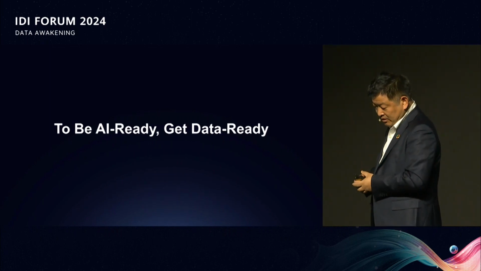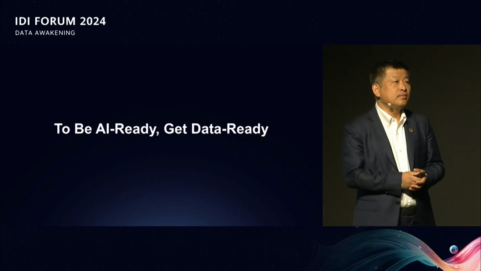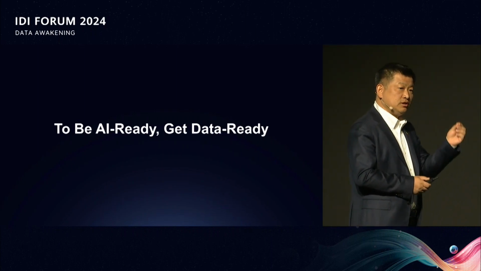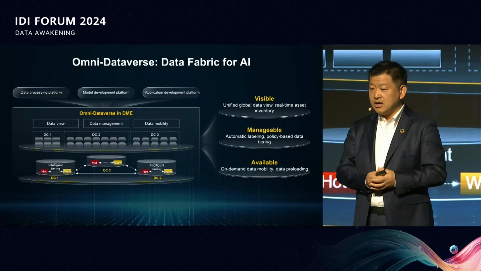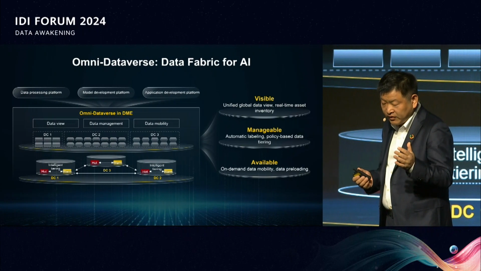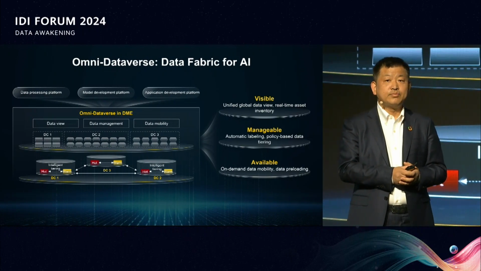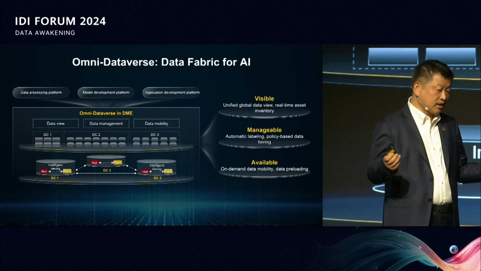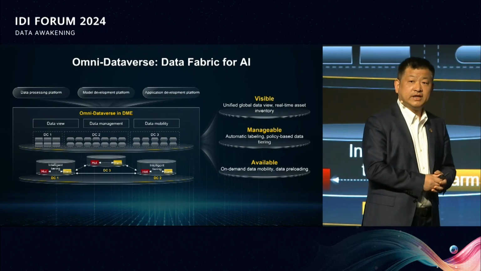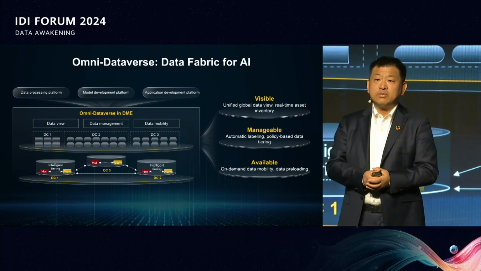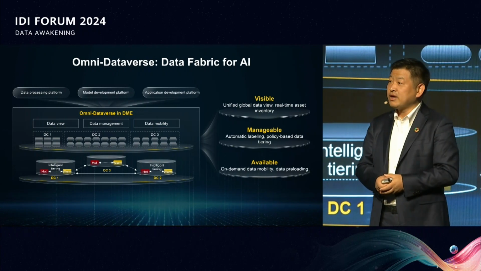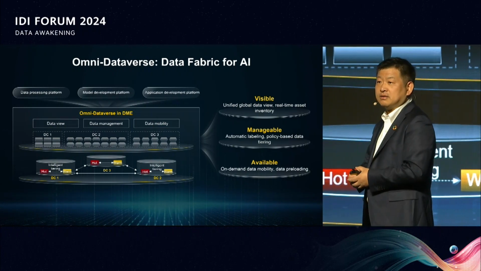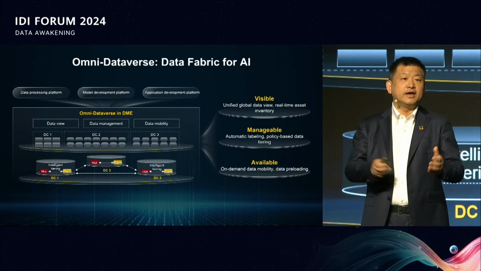Of course, to prepare for AI, we actually need to be data ready first. Right now, the difficulty for a big company like Huawei is that we have data everywhere. Our CEO and CIO don't know where the data is and how we can organize it as material for generative AI.